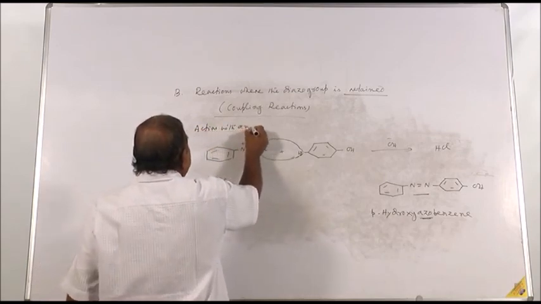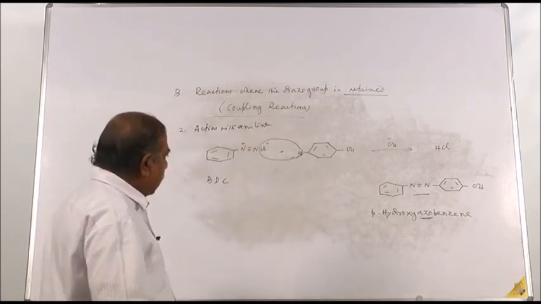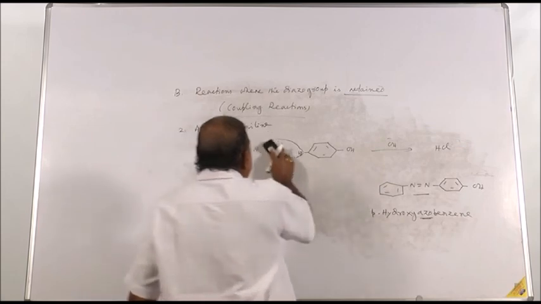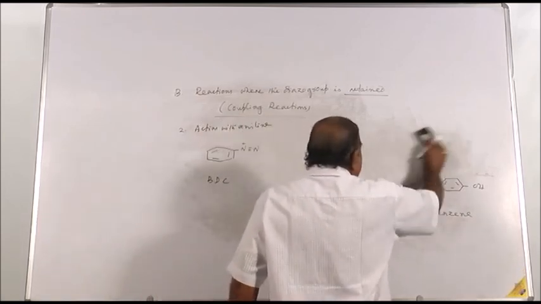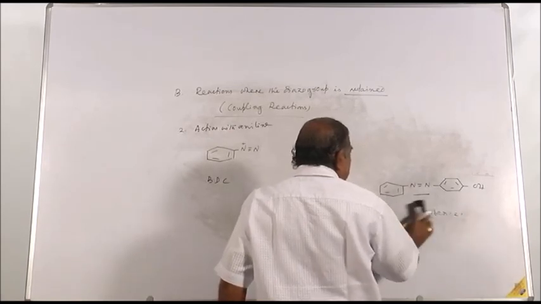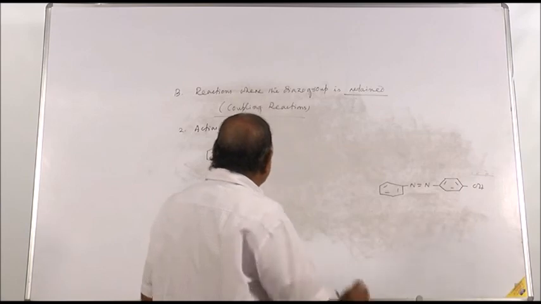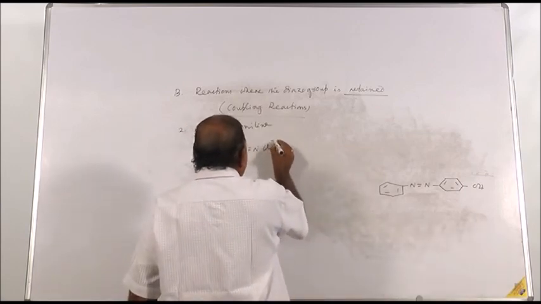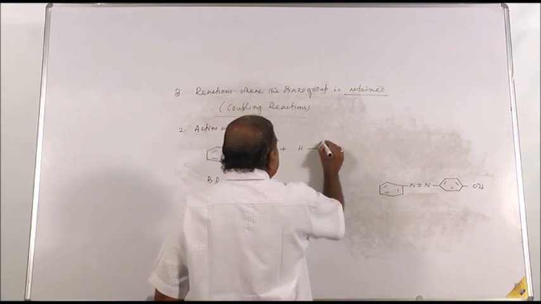Number two, reaction with aniline. Benzene diazonium chloride also reacts with aniline in presence of the same alkali, when aniline couples with benzene diazonium chloride at its same para position.